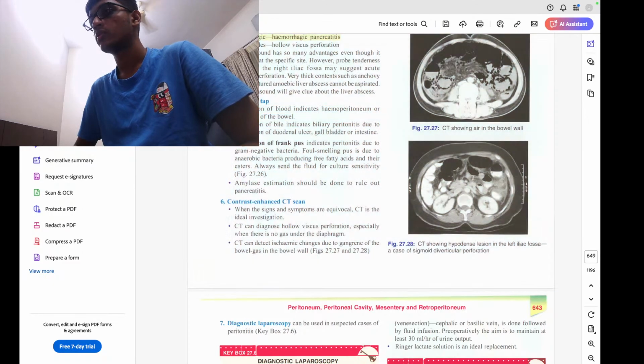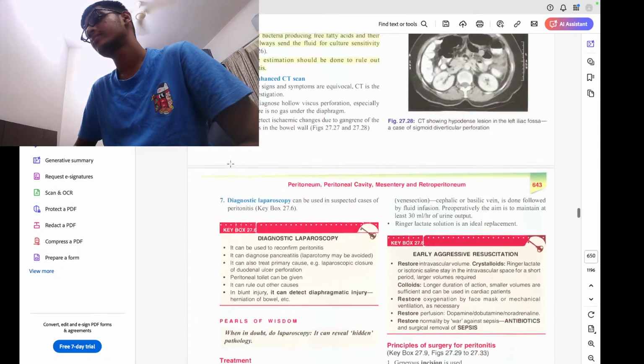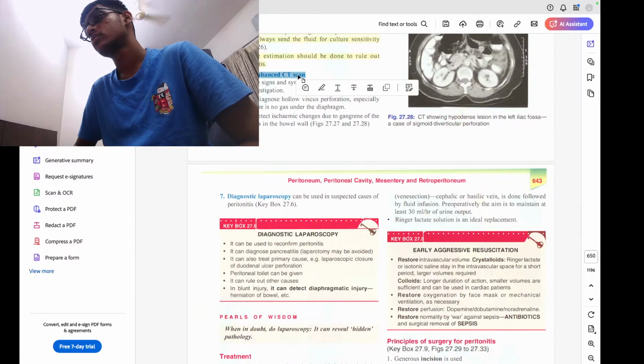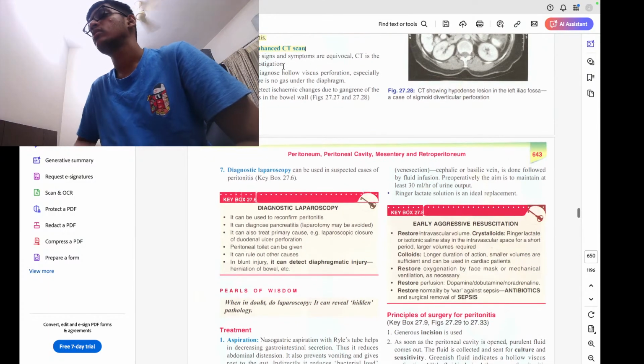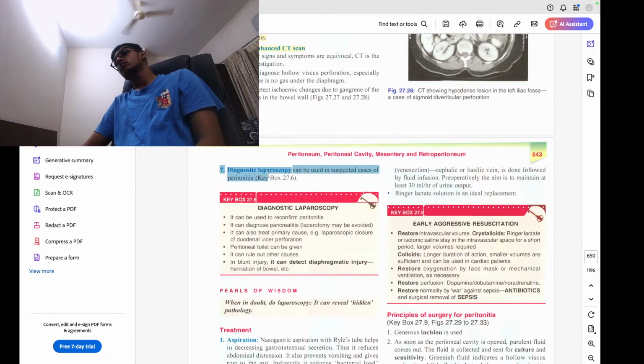So abdominal tap: hemoperitoneum gives blood; biliary peritonitis gives bile; frank pus is peritonitis due to gram-negative bacteria; foul smelling is anaerobic. Amylase elevated suggests pancreatitis. CT enhanced scan shows hollow viscus perforation and ischemic bowel, and diagnostic laparoscopy in suspect cases of peritonitis.